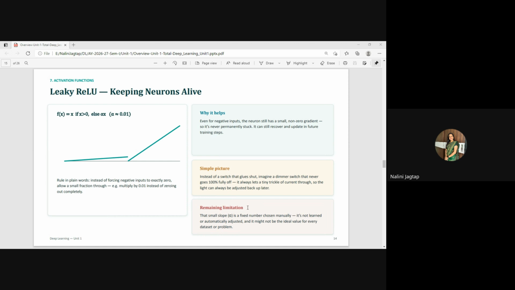The best picture is replacing that permanently glued light switch from the previous slide with a dimmer switch instead. Leaky ReLU is not a perfect final answer, however. The small negative slope, often written as alpha, is a fixed number that a human engineer must choose manually before training begins, and there is no guarantee that whatever value is chosen will be ideal for every data set or every problem the network might encounter.